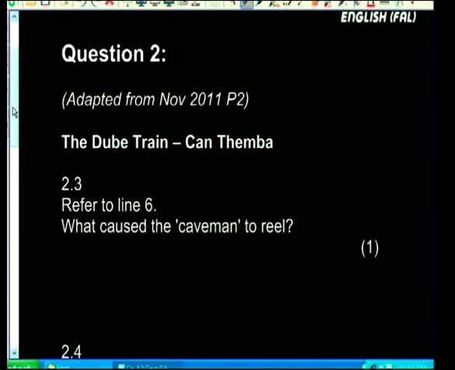Welcome back, everyone. We'd now like to continue our discussion of how one should go about analyzing contextual questions. Let's look at the next question. Refer to line 6. What caused the caveman to reel?